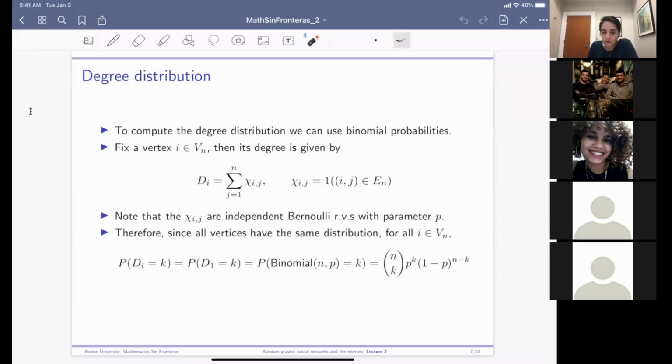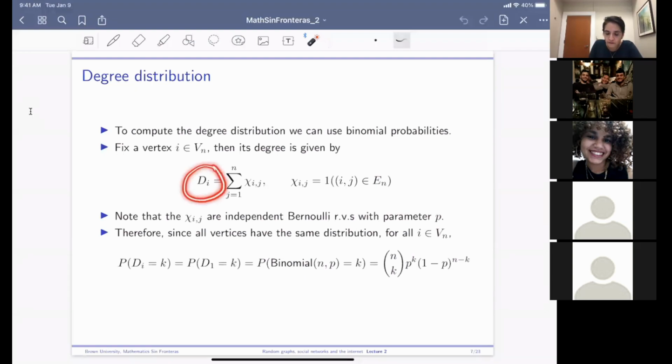So before we go into the scale free case, let me show you how to compute the degree distribution in the Erdős-Renyi model. In the Erdős-Renyi model, everything can be done in a fairly straightforward way because each edge is a Bernoulli trial, a coin flip. So I have a set of indicator functions that with probability p are equal to 1 and with probability 1 minus p are equal to 0.